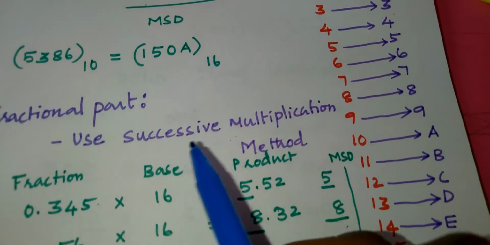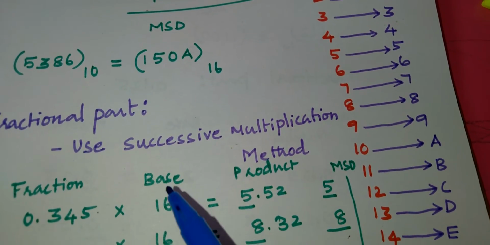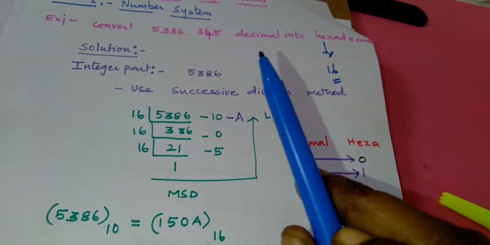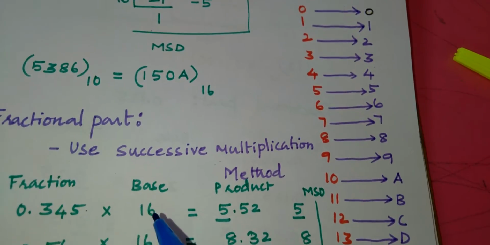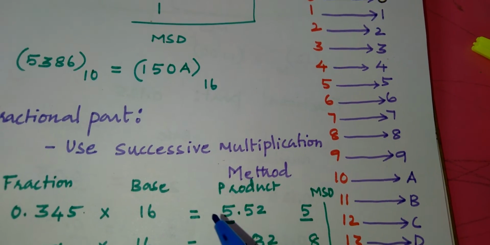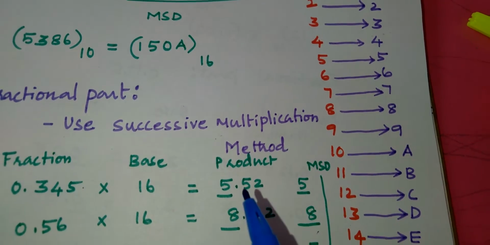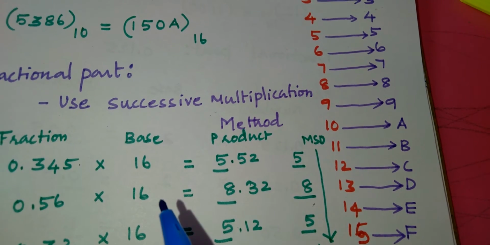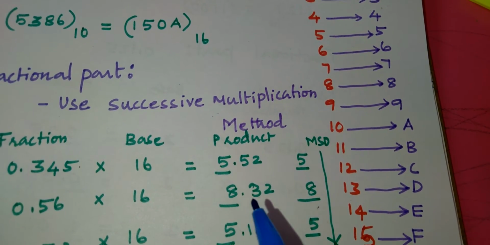It uses the successive multiplication method. The multiplier for this case is 16, since the conversion is from decimal to hexadecimal. Multiply with 16, you get 5.52, and this 5 is the whole number you take for the answer. The fractional part is used for the next multiplication. Multiply again with 16, you get 8.32.